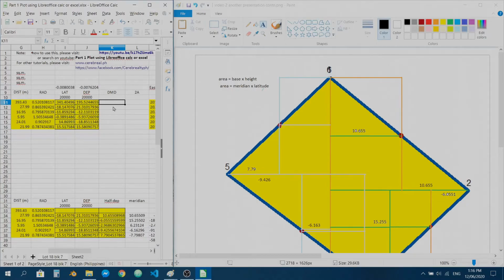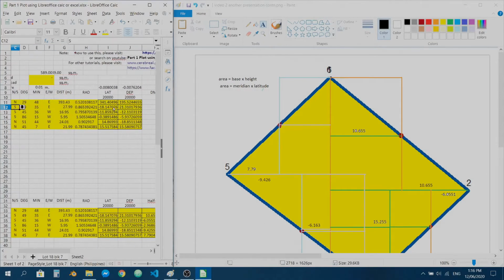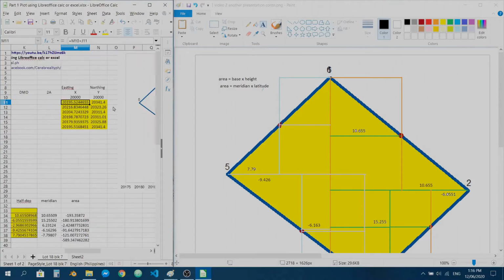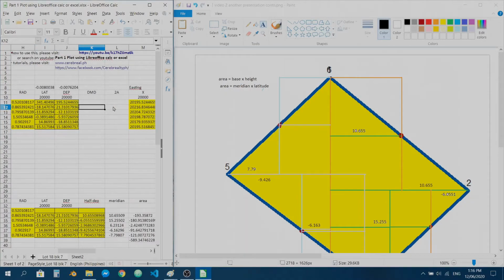So for the first example, not that one because that is the tie point and tie line, but the second row, as we can see, we just copied the meridian, the departure, since the latitude coincides with the common vertical axis that we have used.